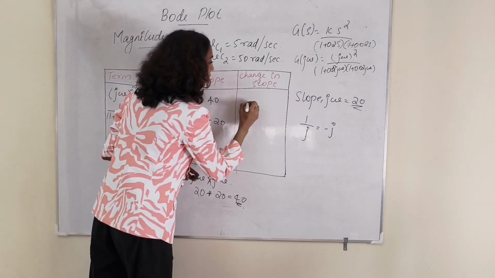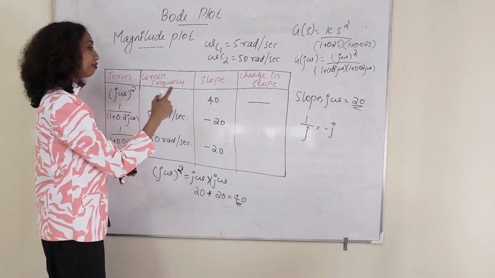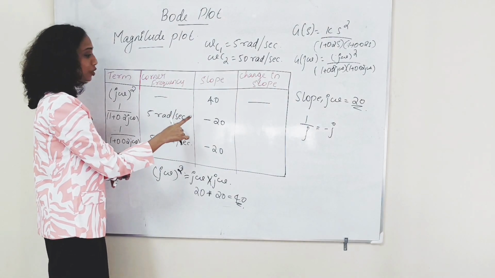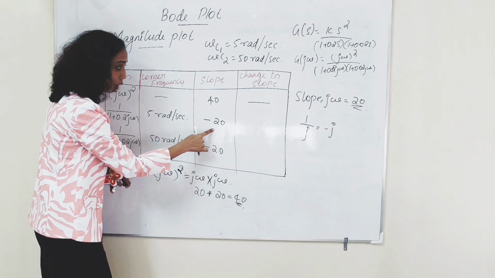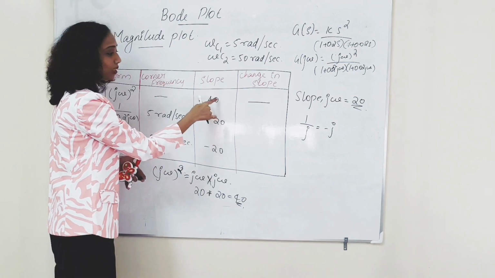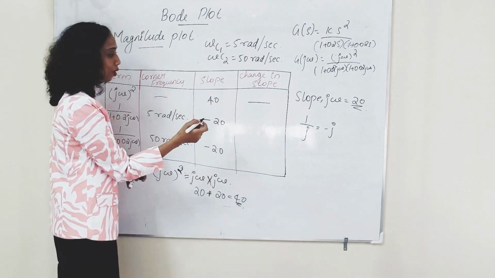So we don't find the change in slope for the first term. For the second term, we need to compare the slope with the first term, right? Compare the slope with the first term to find the change in slope.